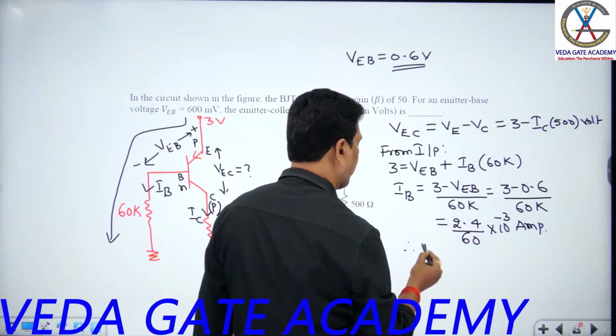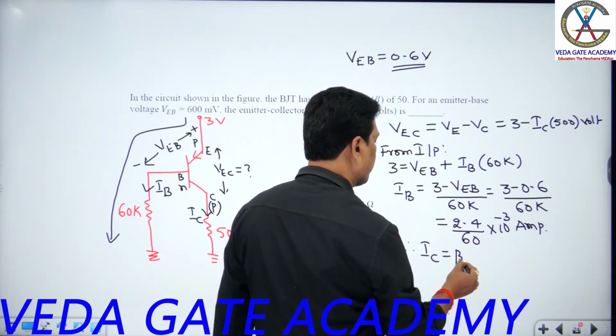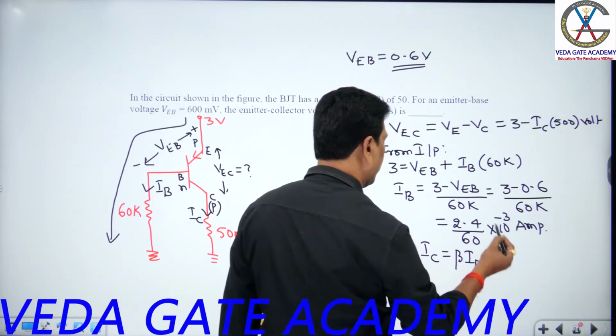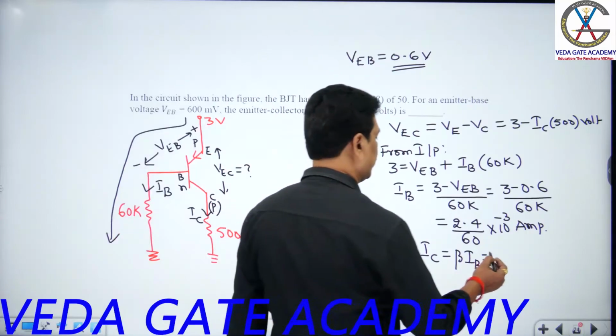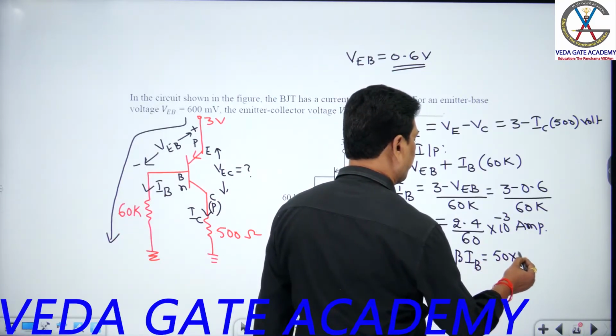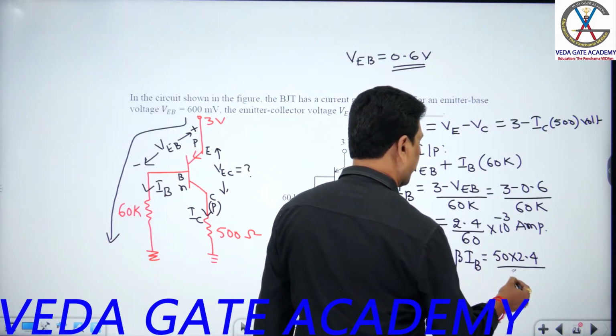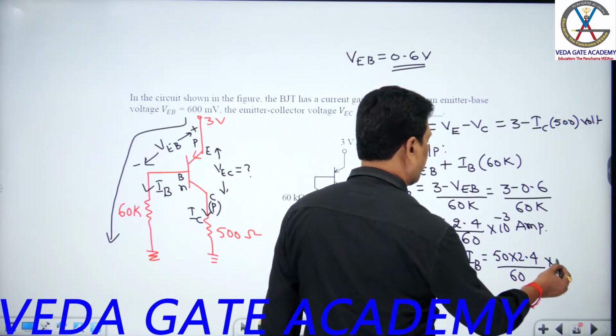Right, IC equals beta IB, students. Beta equals 50. So IC equals 50 into 2.4 by 60 into 10 power minus 3 ampere.